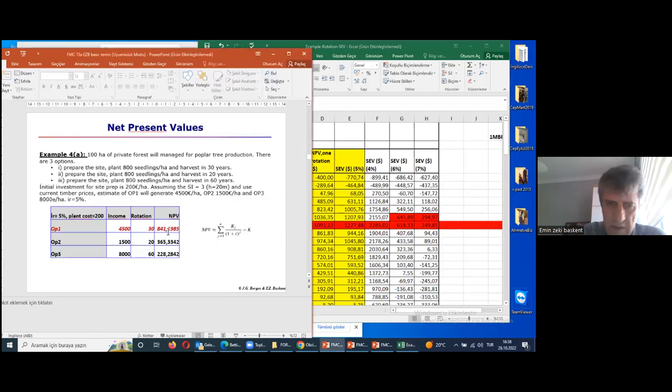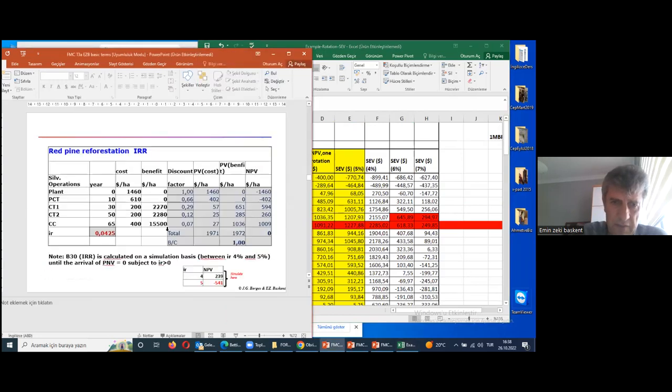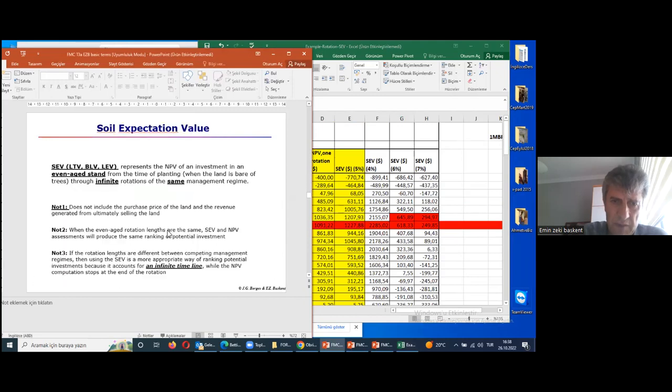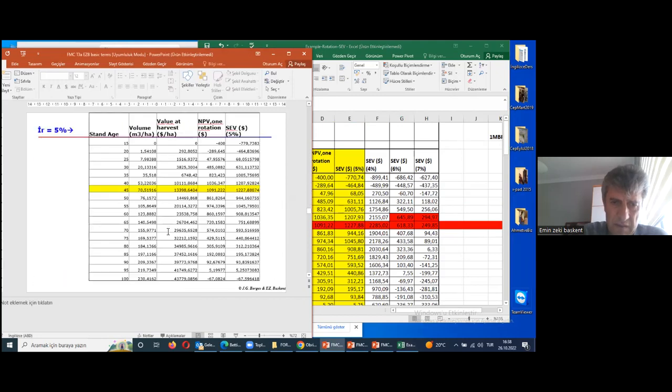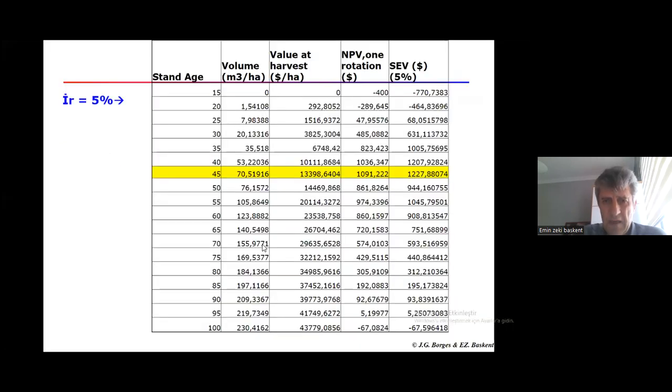So coming back to here, I have copied the values into the PowerPoint presentation. Here is the summary of the rotation periods for each discount rate.